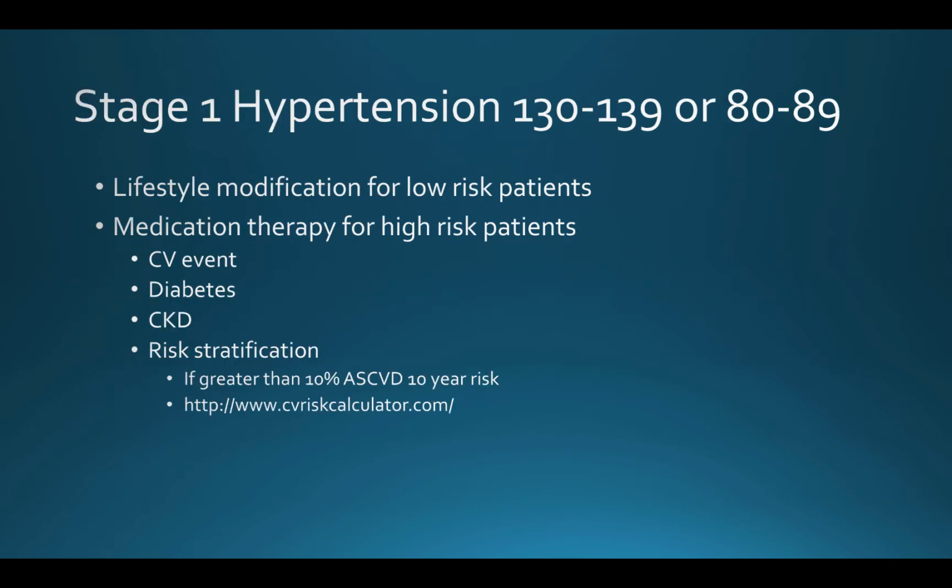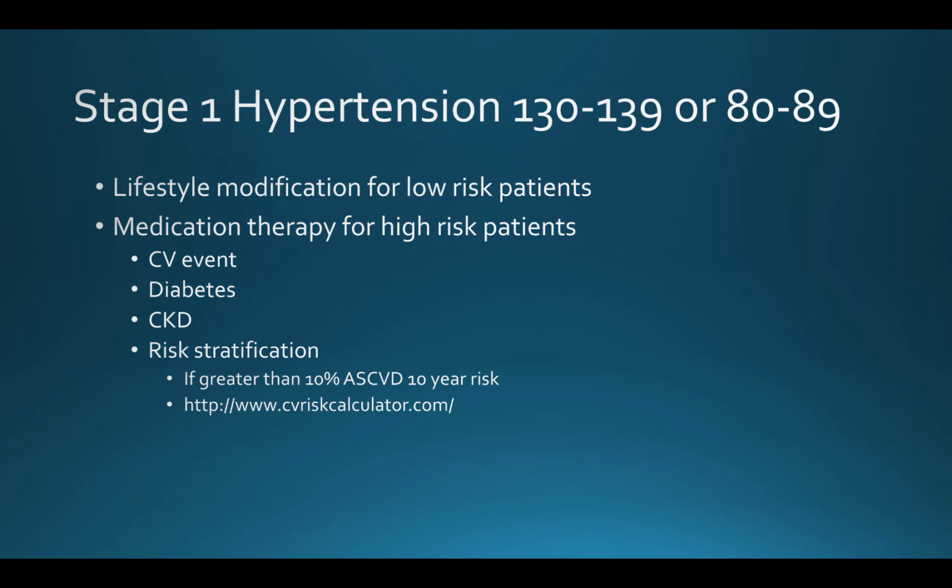So again, this is from the newer updates. Stage 1 hypertension: lifestyle modification for low-risk patients, medication therapy for high-risk patients. So those with diabetes, CKD, or who've had a cardiovascular event, maybe a stroke or a heart attack in the past. Pharmacotherapy, yes, by the ACC and AHA newer updated guidelines.